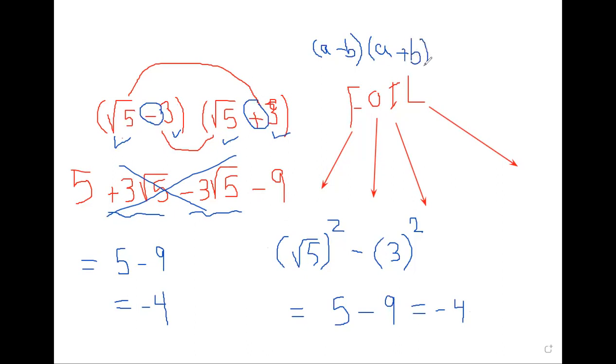To multiply these two binomials, it will be a square minus b square, because this represents a special case for multiplying binomials.